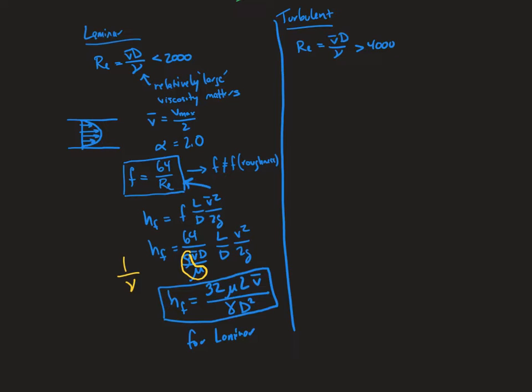So in this regime, the viscosity is relatively small. It could be the same fluid. Viscosity is the same size, but it's relative to the velocity of the fluid or the diameter of the pipe. So viscosity is unimportant.